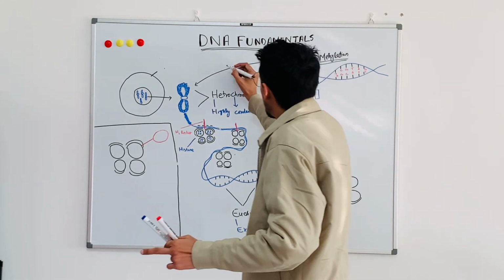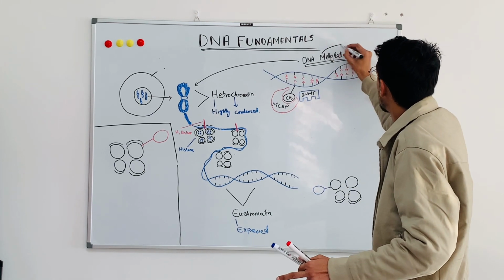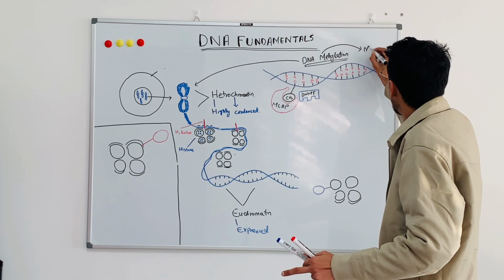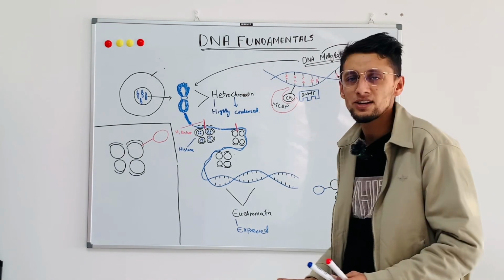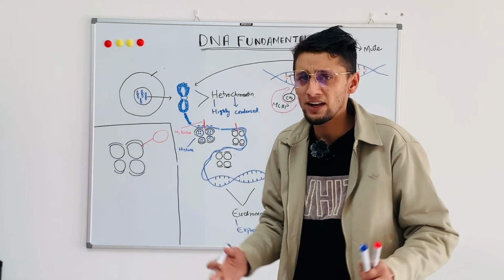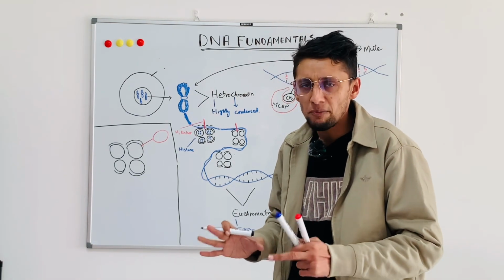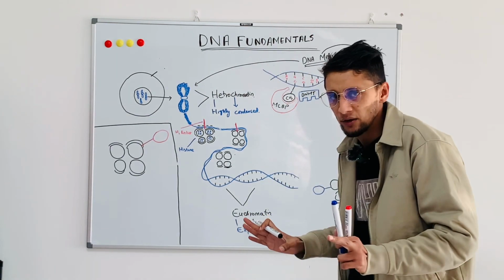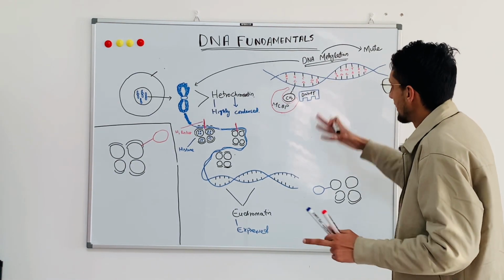We can memorize it like this: DNA methylation makes the DNA mute, M of methylation for mute, right? It is a critical epigenetic process. DNA methylation is a critical epigenetic process. I can make a separate lecture on it, but we'll discuss only the necessary information required for Step 1 USMLE.